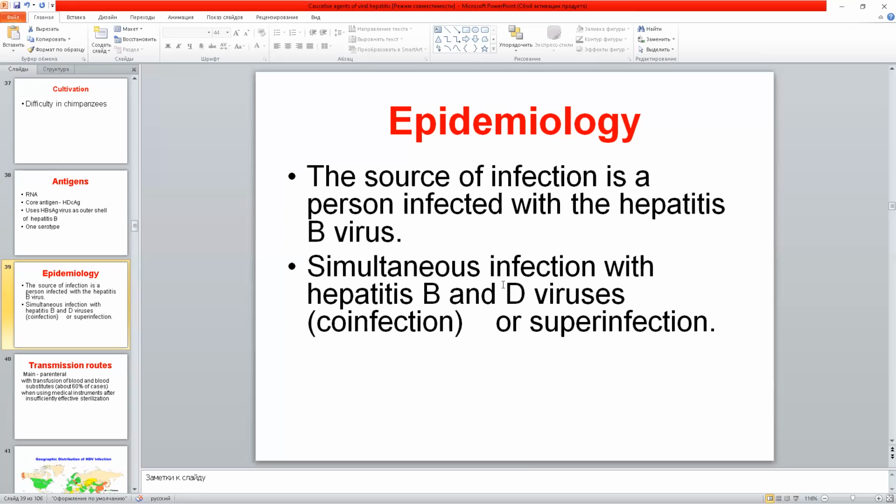Because hepatitis D virus is not able to reproduce without hepatitis B virus. It is defective. So there are no patients with monoinfection hepatitis D. Maybe a patient is infected by hepatitis B only, but sometimes by both viruses, B and D, but not just by D, because D virus is not able to reproduce without B. So it has HBs antigen in its envelope.